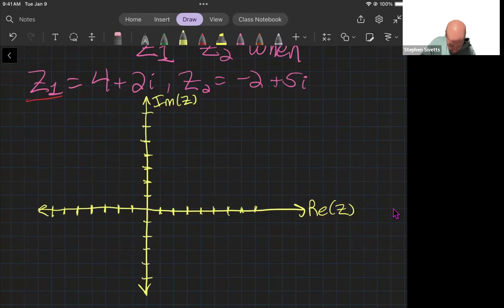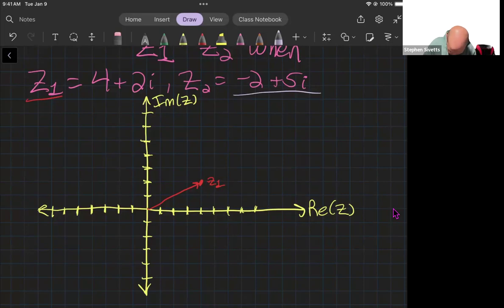Okay, so 4 plus 2i. So that would be this vector right here, in the first quadrant, that's z1. z2 is minus 2 plus 5i. So that would be a vector in the second quadrant.